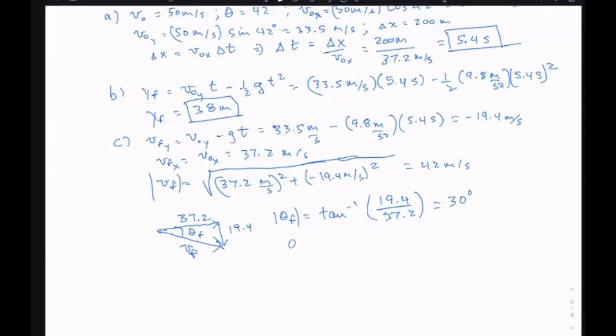So the angle theta sub f is equal to minus 30 degrees. That is 30 degrees clockwise with respect to the plus x-axis.